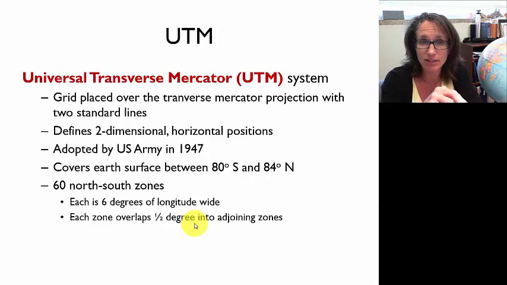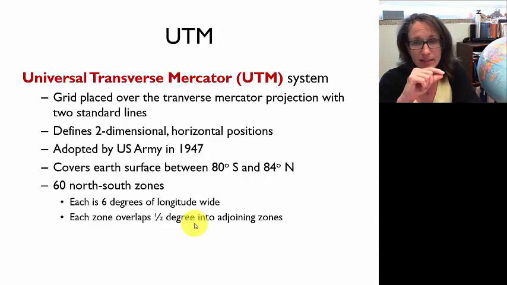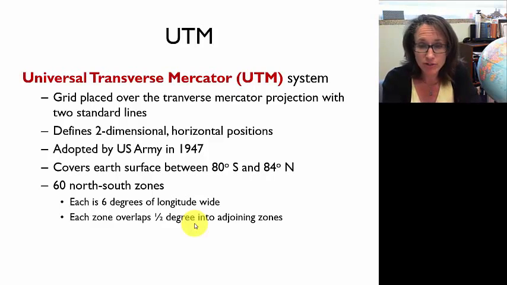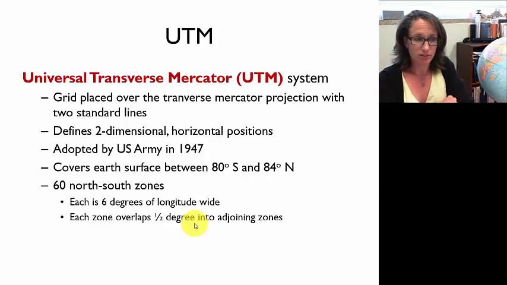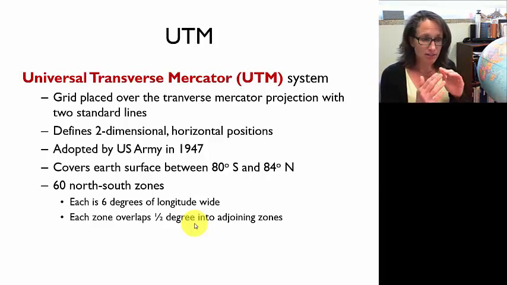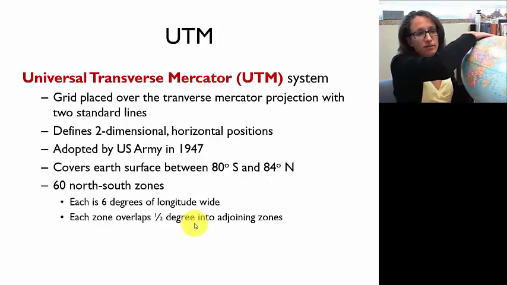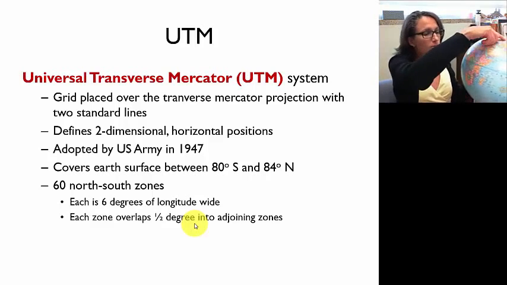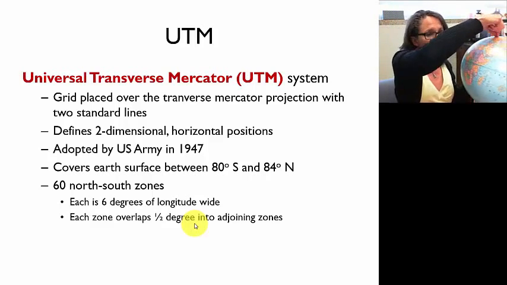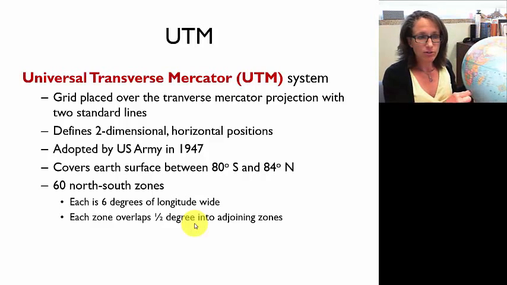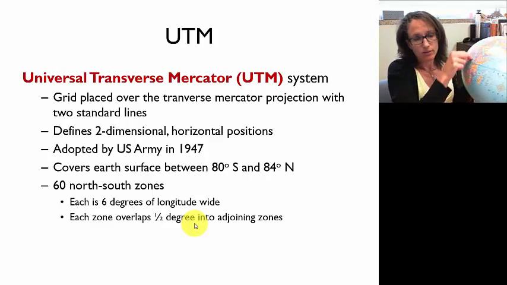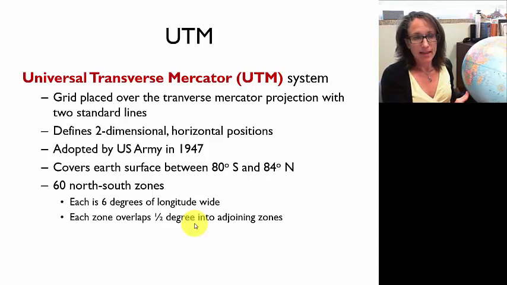When you do your georeferencing in ArcGIS, you'll tell it it's a projected coordinate system, the Universal Transverse Mercator System, or UTM grid. And so this is a grid placed over the transverse Mercator projection. So remember, a Mercator projection is a cylindrical projection where the cylinder is wrapped around the globe transversely so that the line of tangency corresponds to a meridian or a line of longitude.